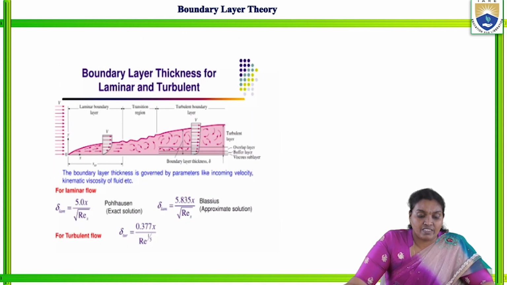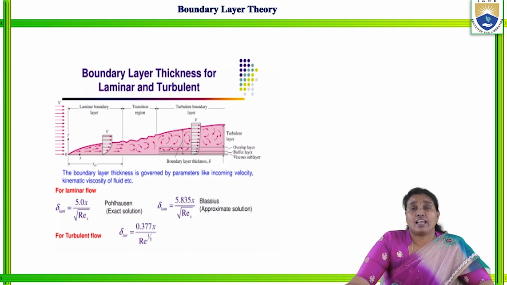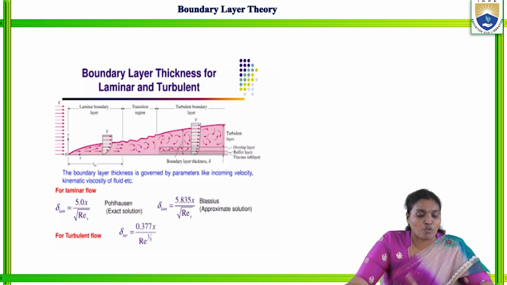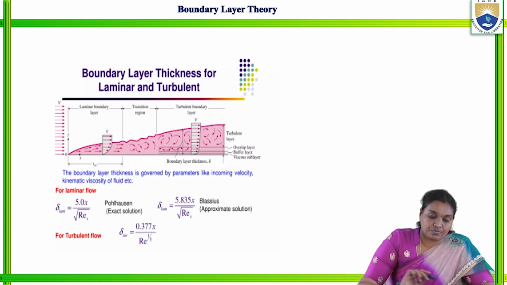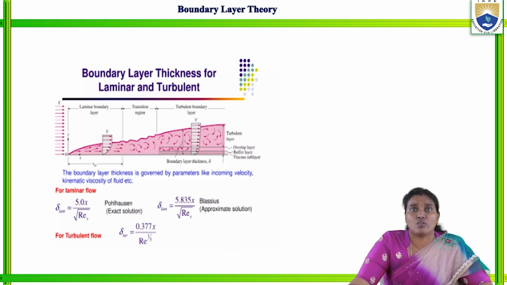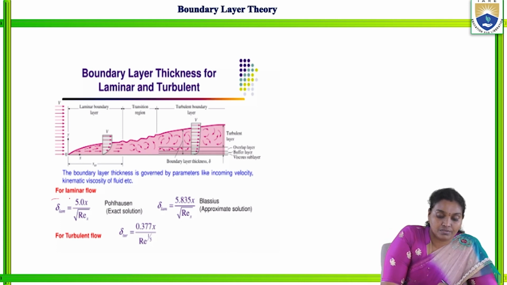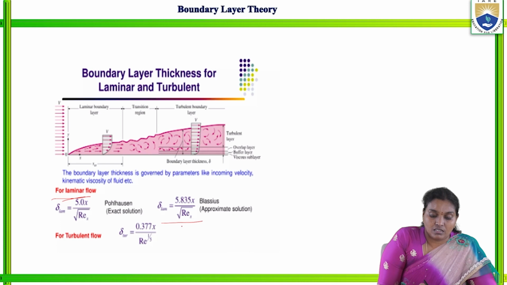Boundary layer thickness for laminar and turbulent flow. The boundary layer thickness is governed by parameters like incoming velocity, kinematic viscosity of the fluid, etc. These are the parameters on which boundary layer theory depends. Now delta for laminar is equal to 5.0 x by root Re_x.